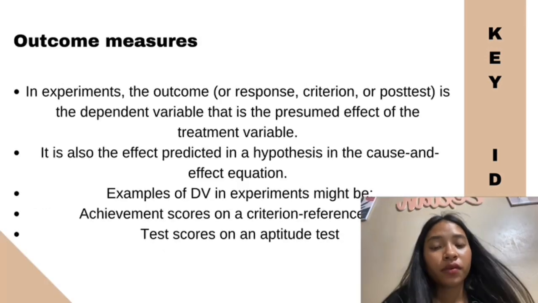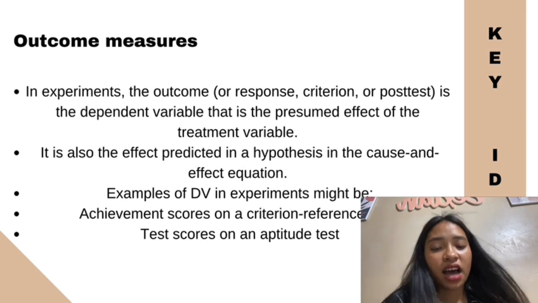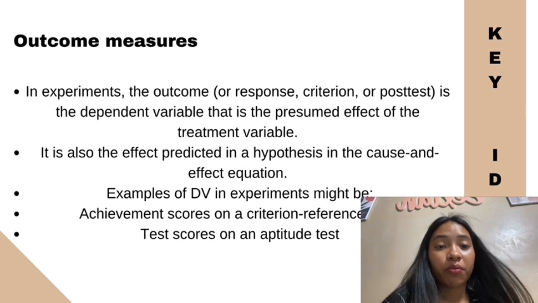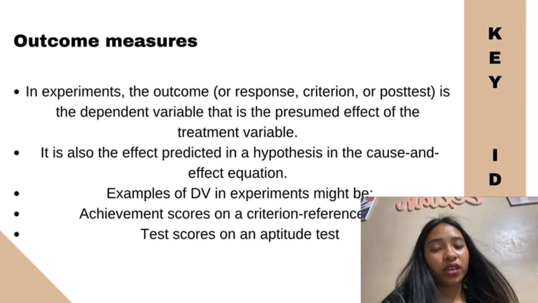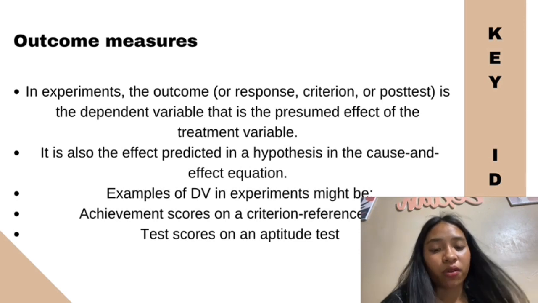Outcome measures, which are also called the dependent variable. In an experiment, the outcome is the dependent variable, the presumed effect of the treatment variable. As I said earlier, the independent variable is the treatment variable, which is the one that influences the outcome measures or the dependent variable.